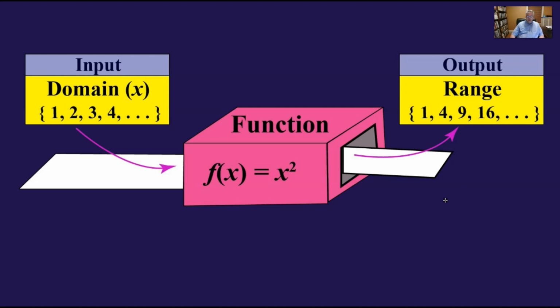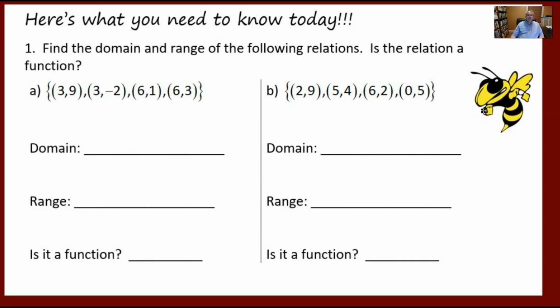Here we have a list of ordered pairs. It's one way of specifying a function, and we're supposed to find the domain. That's simply the x-coordinates. A set is just a list of numbers, so we're going to just list the x-coordinates. We draw the fancy set brackets.